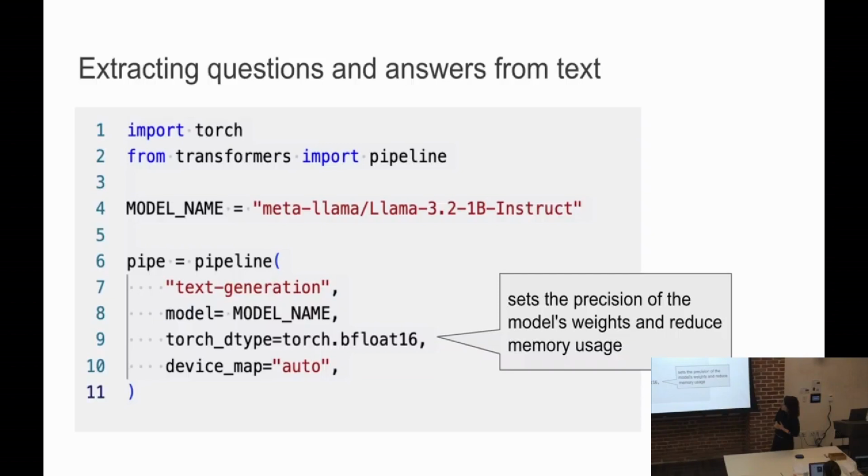So anyway, our task is extracting questions and answers from text, and that's weird. I tried other models, and I think I still have to do a lot of experimentation with prompting. I'm going to show you one that works reasonably well for this task, but it doesn't work that well for our data.